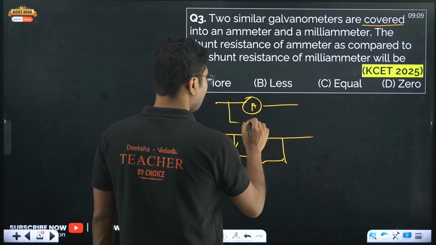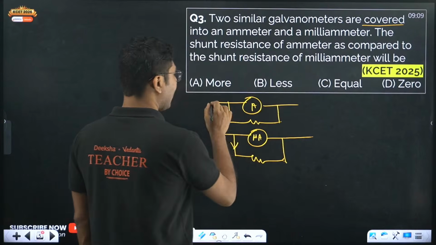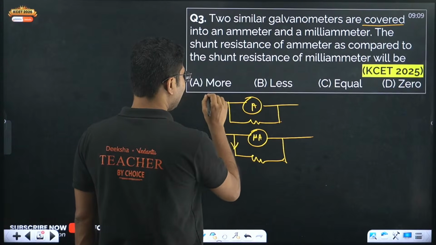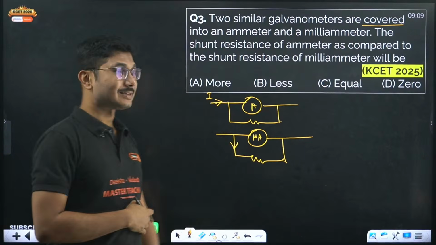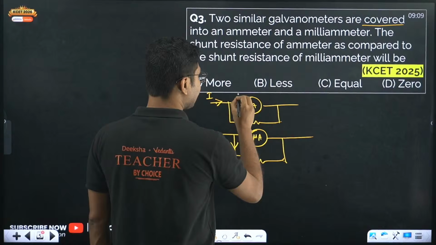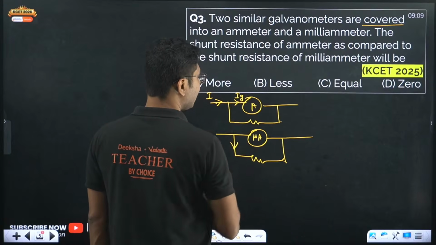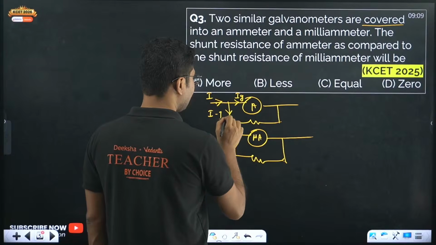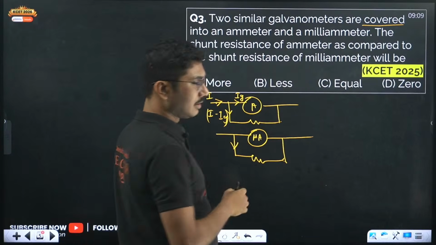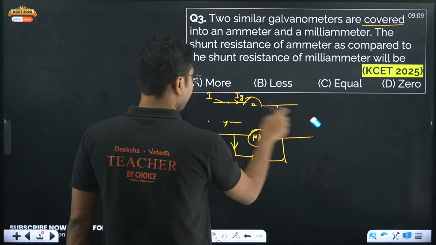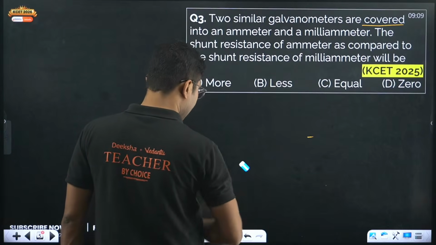Or what? Let's see. If you have doubt, suppose a current of ampere range passes through the ammeter, and only the current which is allowed through the galvanometer passes through the galvanometer. That means the remaining I minus Ig passes through the shunt resistance. Now let me take values, that will be easier.